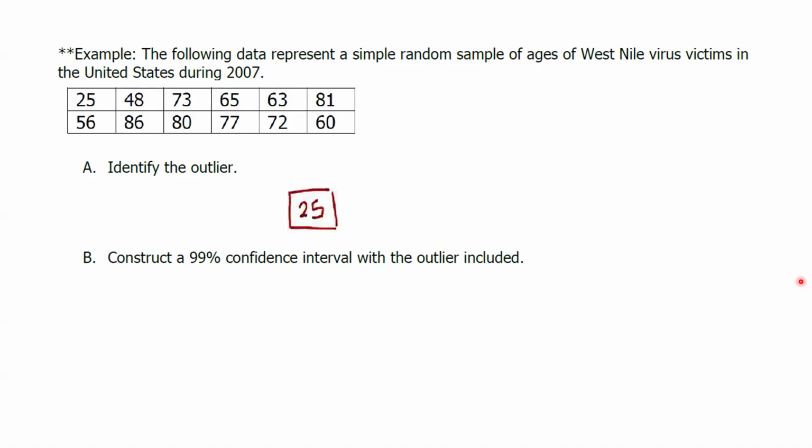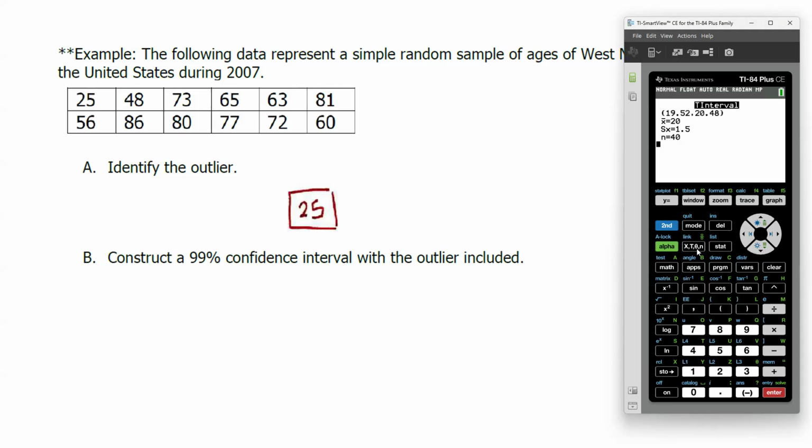To do this, we are going to go into our calculator and enter in all of this data. So stat, edit. I'm going to enter all this data in my list 2. So 25, 48, 73, 65, 63, 81, 56, 86, 80, 77, 72, and 60.